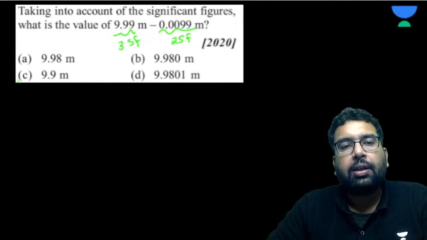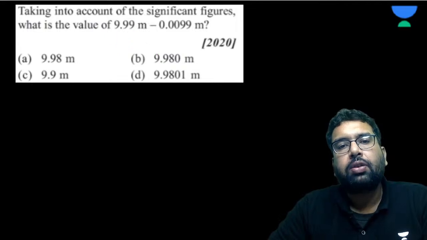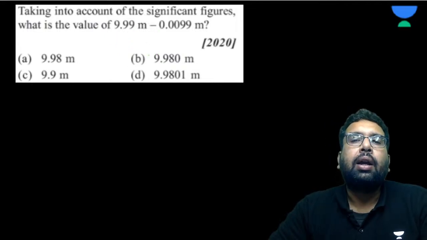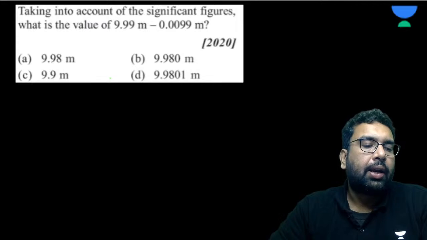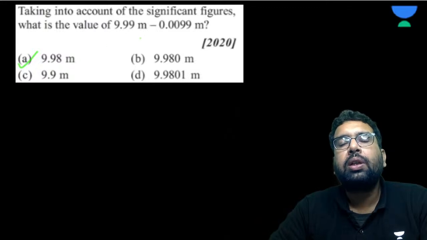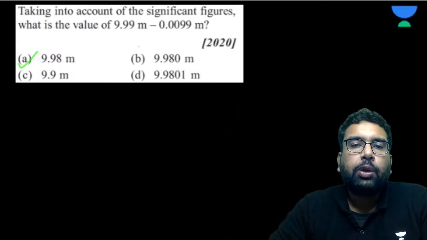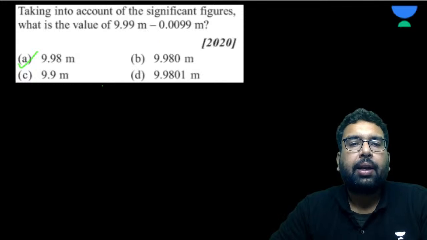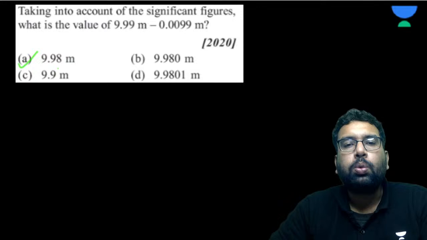So the final answer must have the same number of, sorry, not the significant figures that you must see. Actually, this is subtraction. When you are subtracting or adding, the final solution must have the same number of decimal places as present in the value with the least decimal places. So you need not even solve it, because after the decimal place, there must be only two digits.